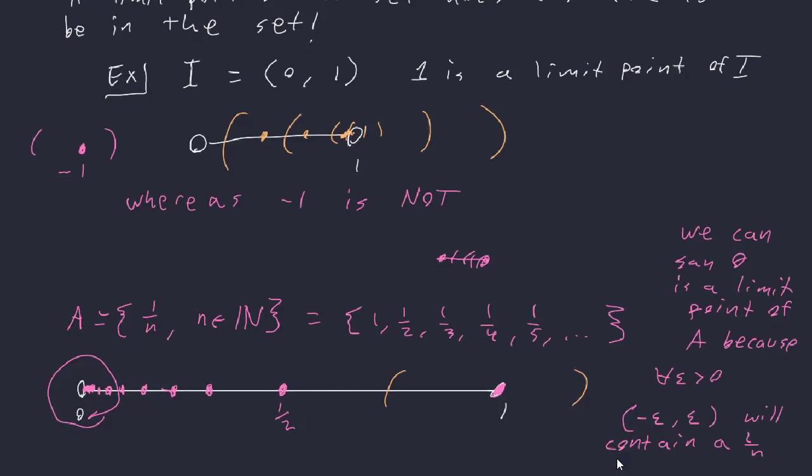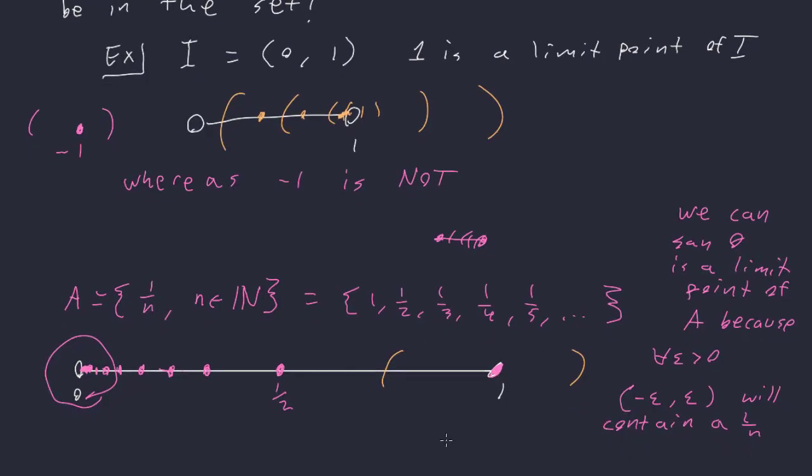This is thanks to the Archimedean property. We can always find an n in the naturals such that 1 over n is less than whatever real number we choose. So that's thanks to the Archimedean property.